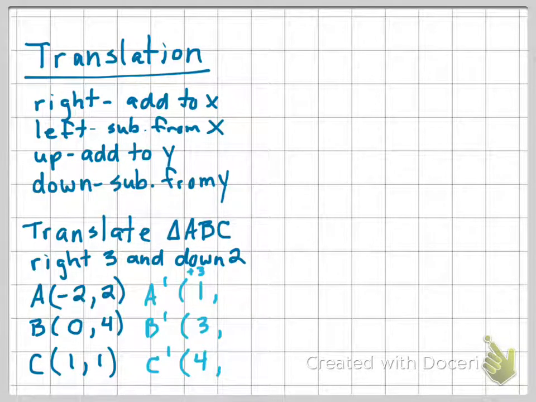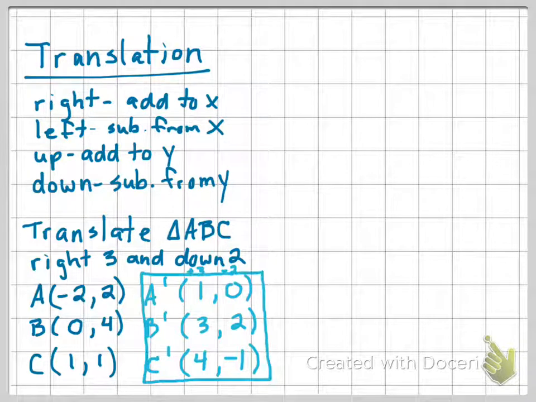Okay, then it says down 2, which means I'm going to subtract 2 from all of the y coordinates. So 2 minus 2 is 0, 4 minus 2 is 2, 1 minus 2 is negative 1. So these are my 3 new coordinates, and this is the location of my translated triangle.